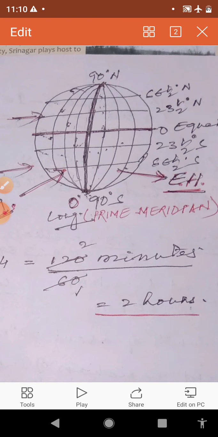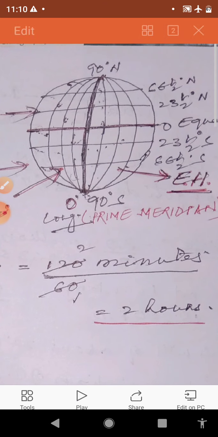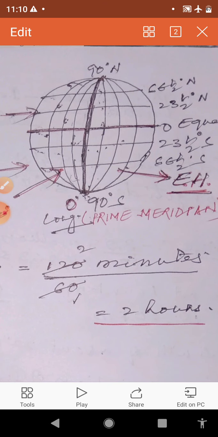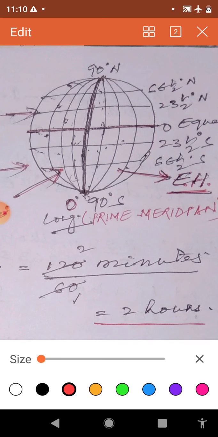First, let us see this diagram. This diagram is showing you some of the important parallels of latitudes and the meridians of longitude. You can see here some imaginary vertical lines which are joining the poles.